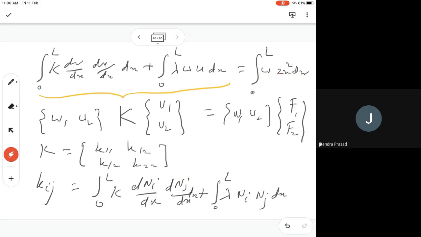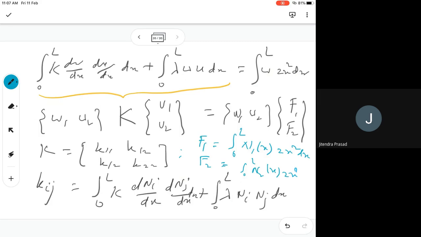Accordingly, you have to find out, right? So for example, N1 and N2, here you can write F1 and F2. F1 will be the integral from 0 to L of N1(x) multiplied by 2x squared dx, and F2 will be the integral from 0 to L of N2(x) times 2x squared dx.